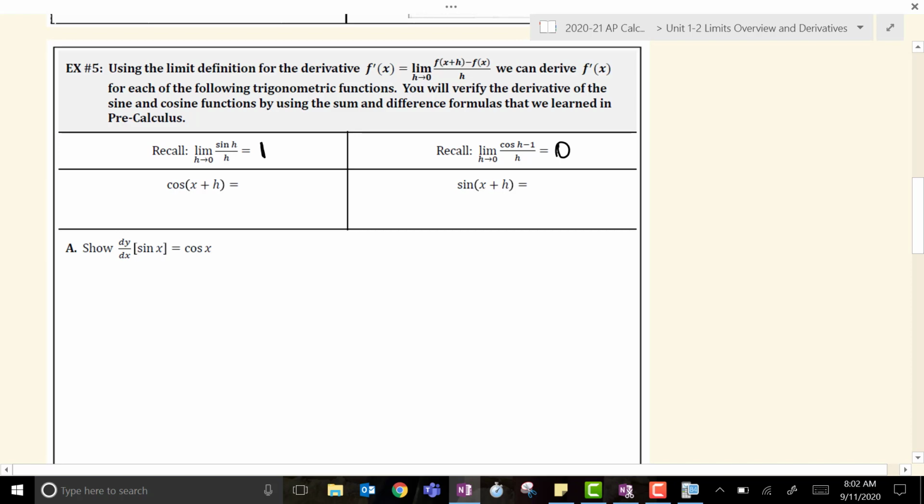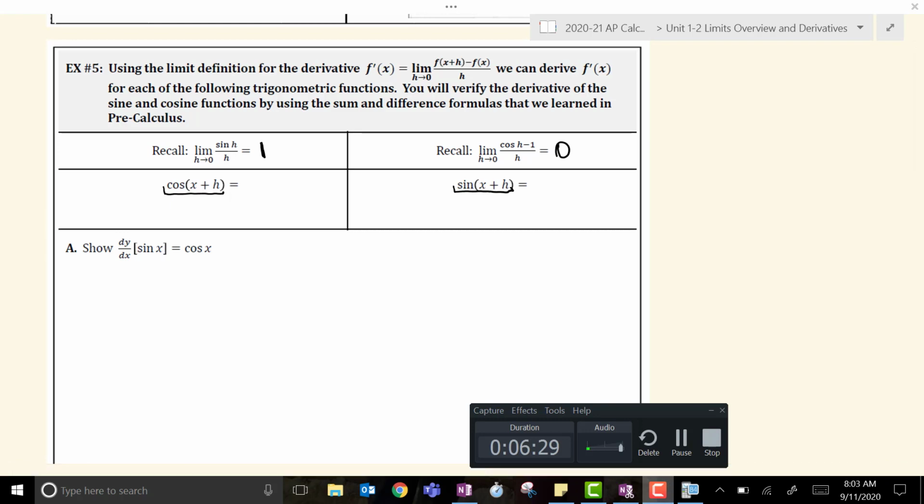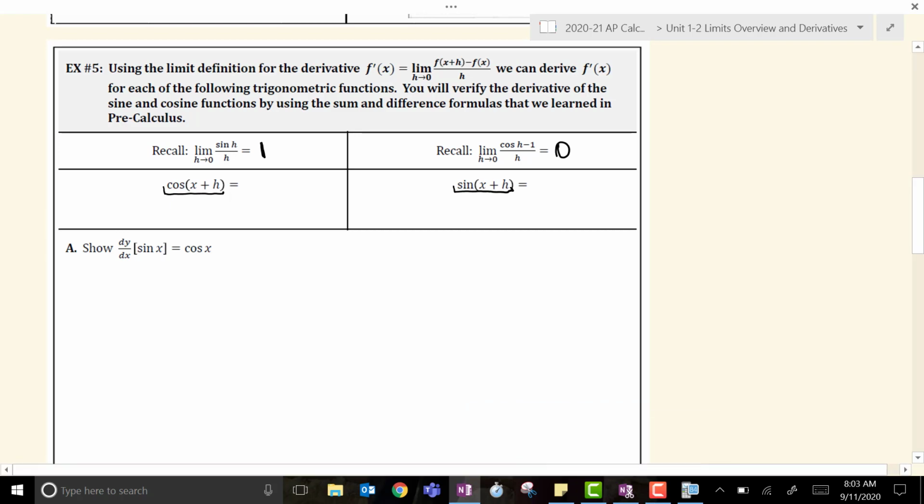Additionally, pulling from some of that knowledge in pre-calculus, you also talked about how to expand cosine of x plus h and sine of x plus h. So when we fully expand cosine of x plus h, you should get cosine of x cosine of h, plus sine of x sine of h.